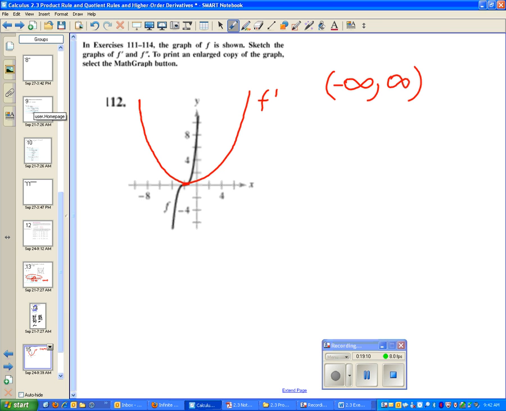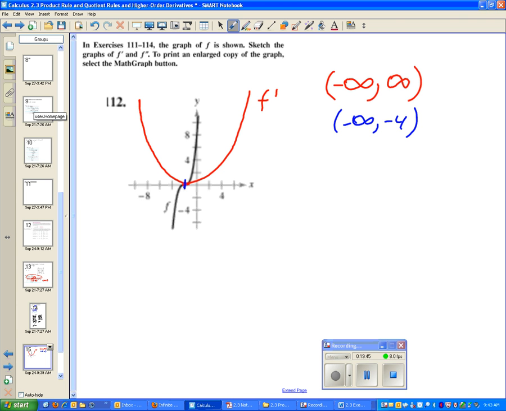Now, ignore f and look at f prime. F prime is decreasing from -infinity to -4. If a function is decreasing, what's the sign of its derivative? So f double prime has to be negative until it gets to -4. Then again, looking at f prime, right there at -4, what should its derivative equal? 0, because it looks like there'd be a horizontal tangent line at x equals -4.